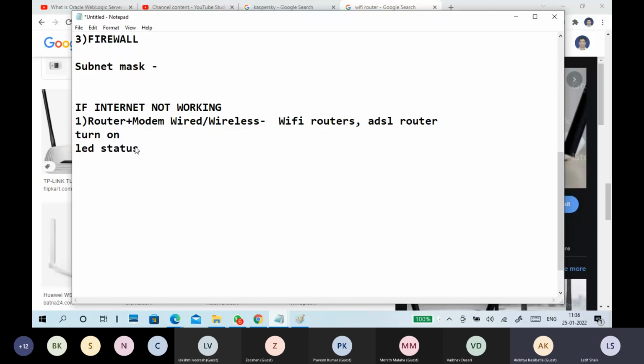LED status is very important. Make sure the power LED is on, whether it is your router, switch, modem or Wi-Fi router.